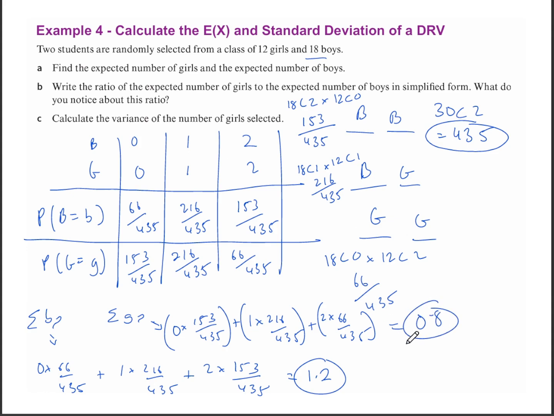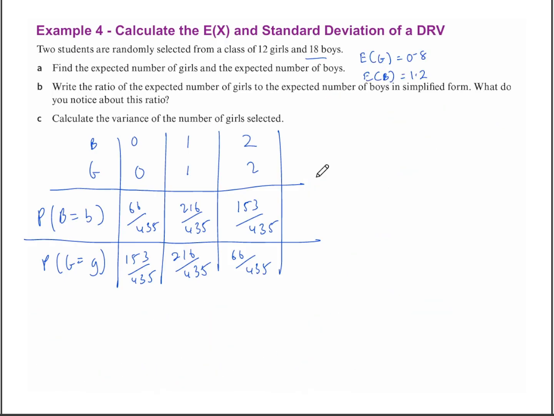So we expect 0.8 girls in that 2-student selection, and we expect 1.2 boys. Then in part B, we are told to write the ratio of the expected number of girls to the expected number of boys in simplified form. So 0.8 ratio 1.2 is just the same as 2 ratio 3.